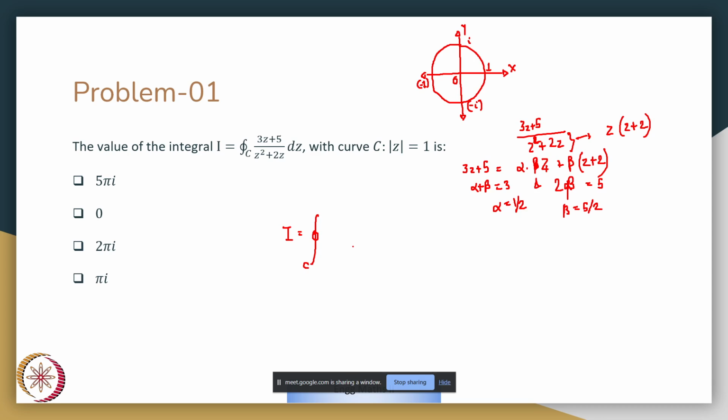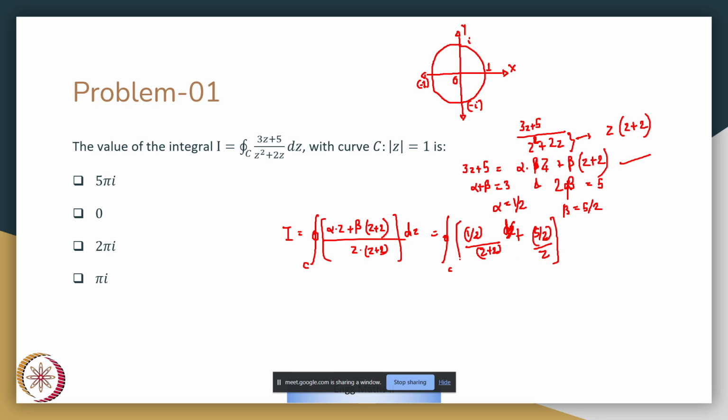We established that 3z plus 5 is nothing but alpha z plus beta times (z plus 2), so we can rewrite it as (alpha z plus beta times (z plus 2)) upon z into (z plus 2) whole into dz, which is nothing but the circular integral of half by (z plus 2) plus 5 by 2 upon z whole into dz.